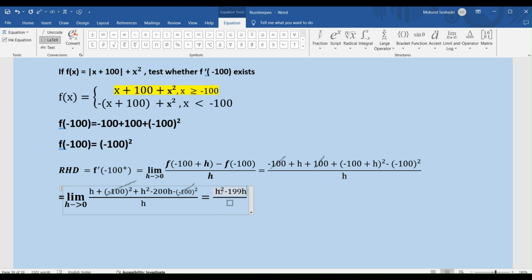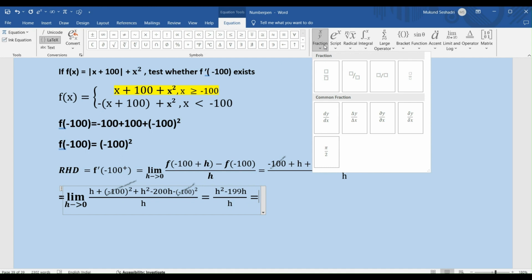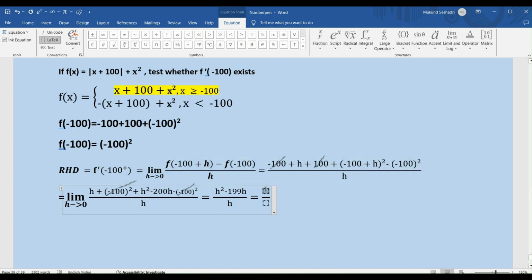And that's all we have in the expression. And then I have my h in the denominator. Looks like I can pull out an h and cancel out the h in the denominator.